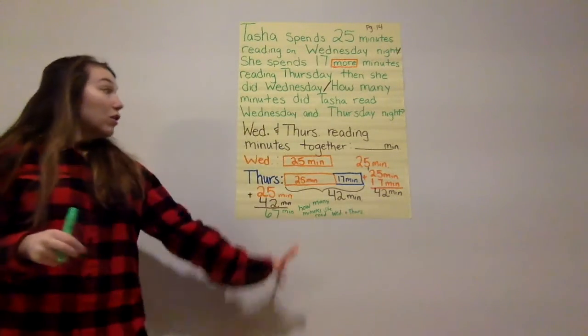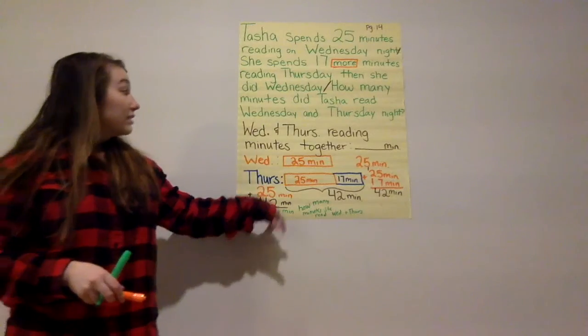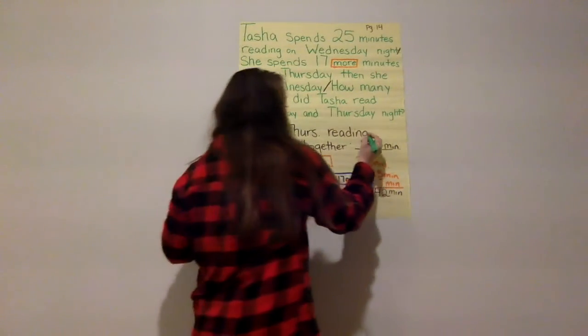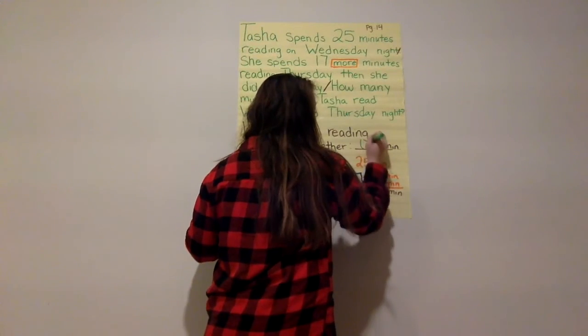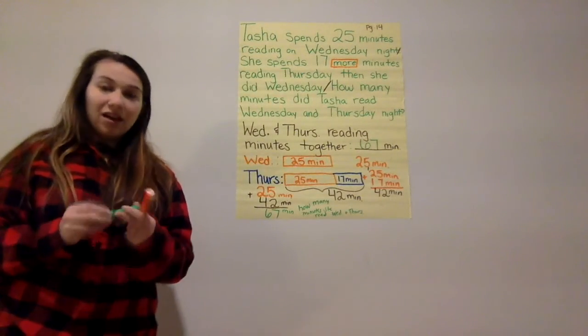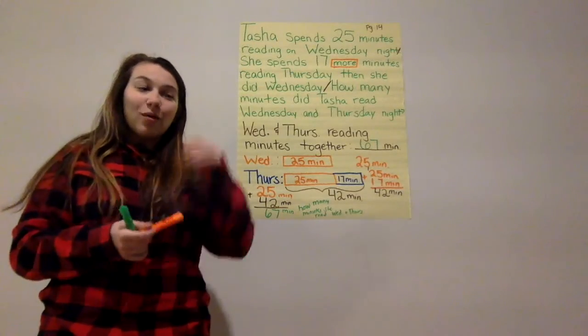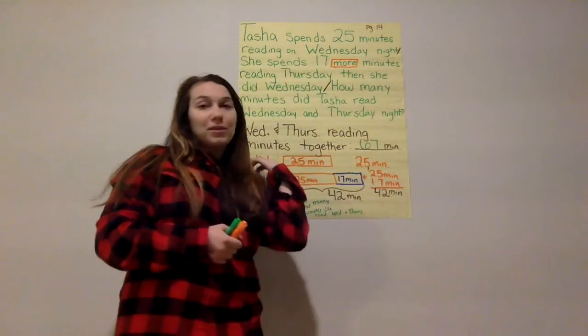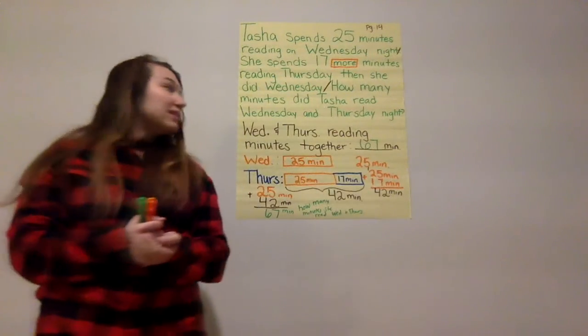Very nice. So, this 67 minutes goes and answers our question. Wednesday and Thursday reading minutes together are 67 minutes.